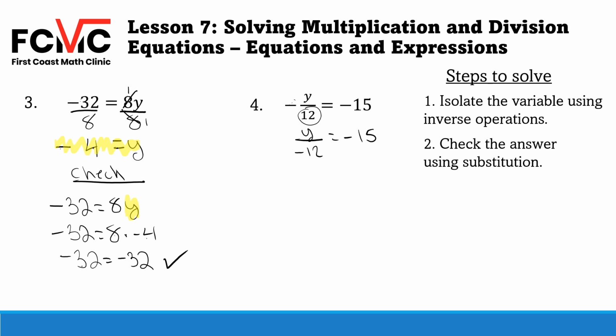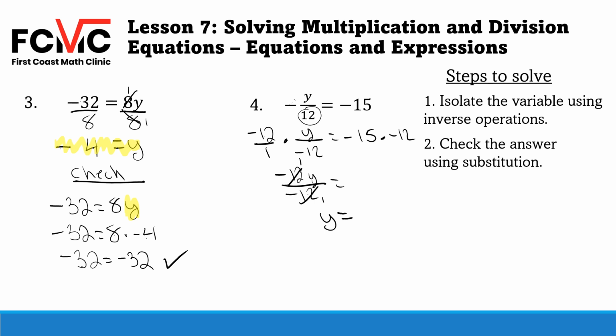And the reason I like to do that is because then we multiply the left and the right side by a negative 12 and a negative 12, right? So the negative and the 12 cancel out on the left. So on that left side, we wind up getting negative 12y over negative 12. Negative 12 divided by negative 12, that's just 1 and 1, so we're left basically with just y.